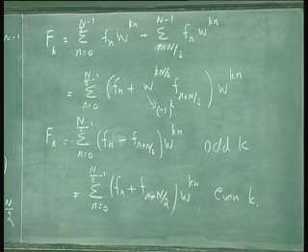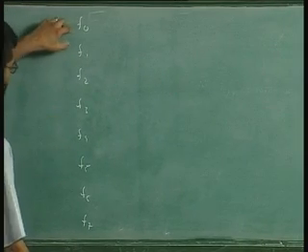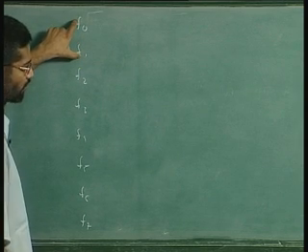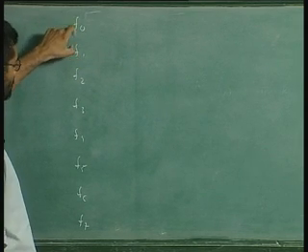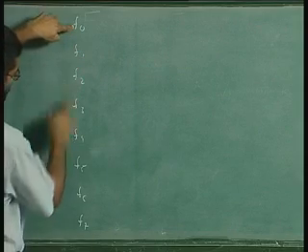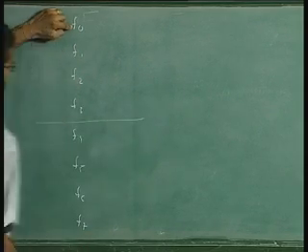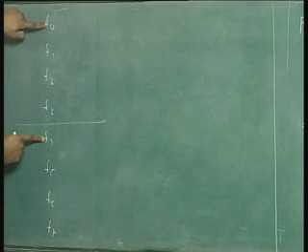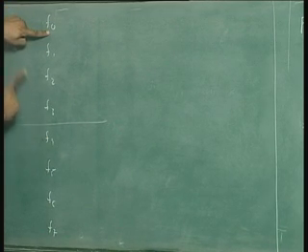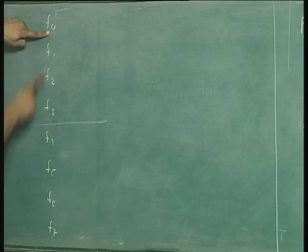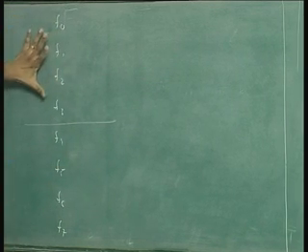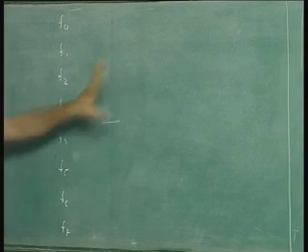Remember, if you have the function tabulated in this form, we divide it into two halves, take the sum between these two and the difference between these two, going from 0 to n by 2 minus 1. So that's what we are going to do: take the sum and the difference between the two half functions and write them.